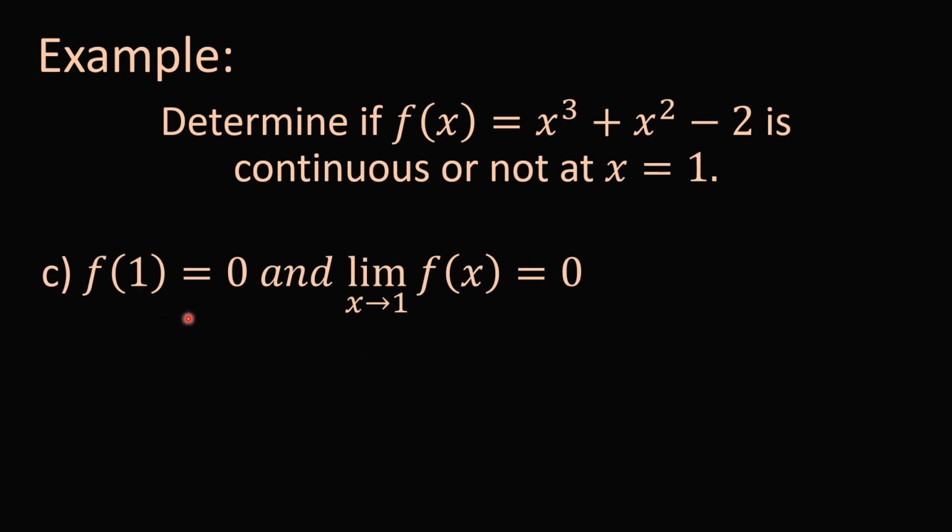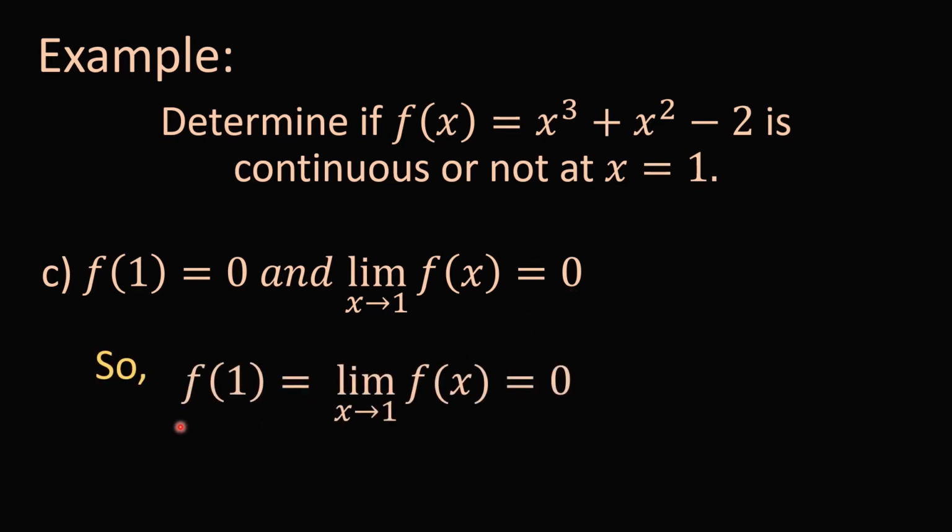Now, let's compare the values we got in condition A and condition B. If we solve for the function, we will have 0. And if we get the limit of the function as x approaches 1, the answer is also 0.